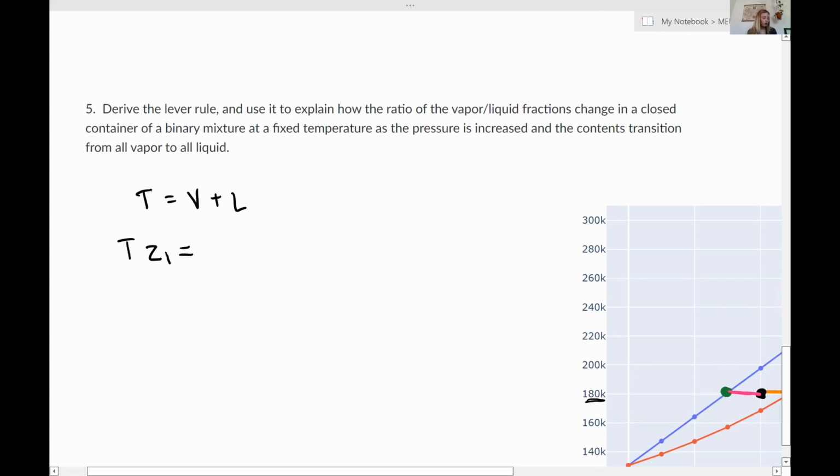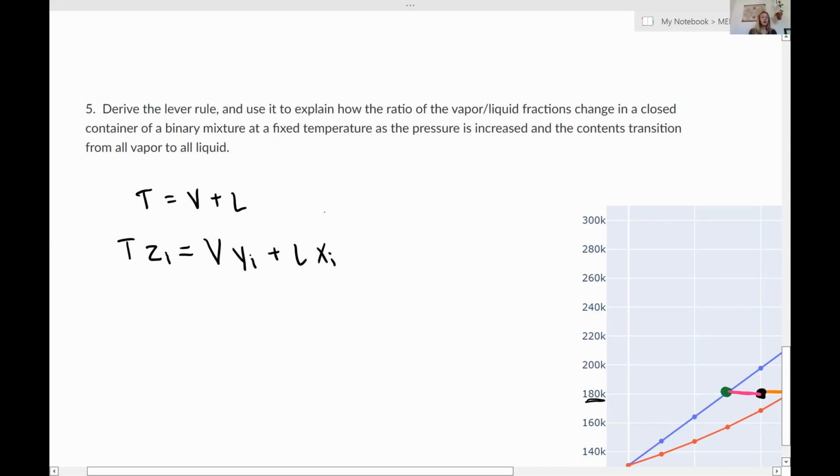I think I misspoke before. Our T equals V plus L, that's going to be our flow rates going into the feed is equal to the flow rate of our vapor going out plus the flow rate of our liquid going out. And then our Zi is going to be the mole fraction of our component in the feed. And that's going to be equal to our vapor flow rate times the mole fraction in the vapor phase plus our liquid flow rate times the mole fraction in the liquid phase.